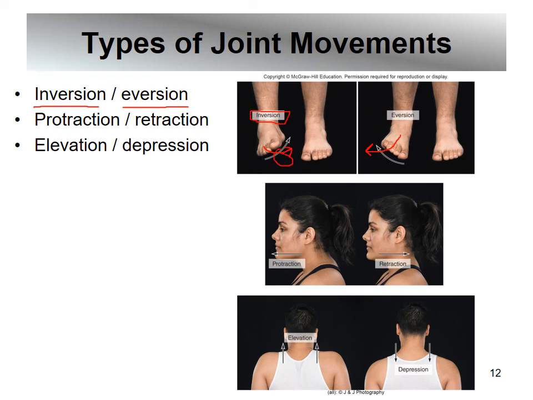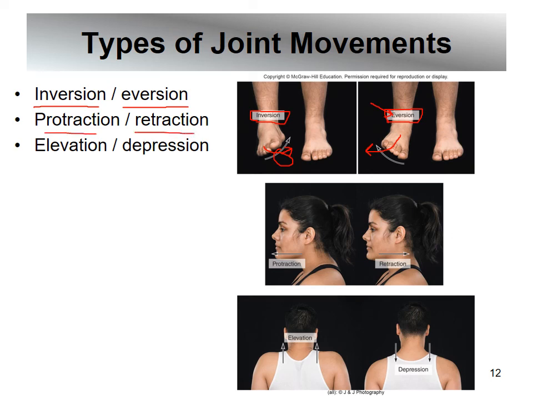You step on something and you roll your ankle, and they can be really bad. The few that you'll see that are eversion ankle sprains, if they are bad, if you evert your ankle enough to cause it to be strained, in general, you are going to break that fibula. Just a little FYI. Then we have protraction and retraction.